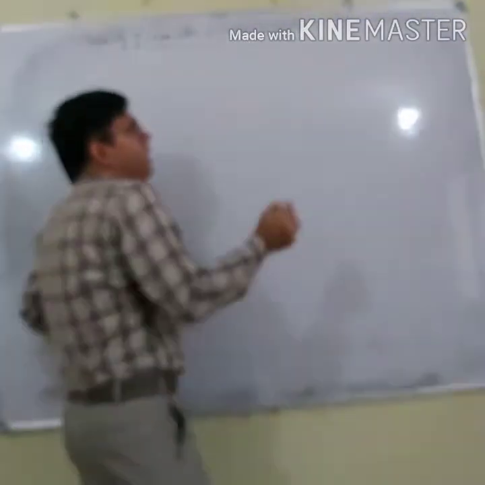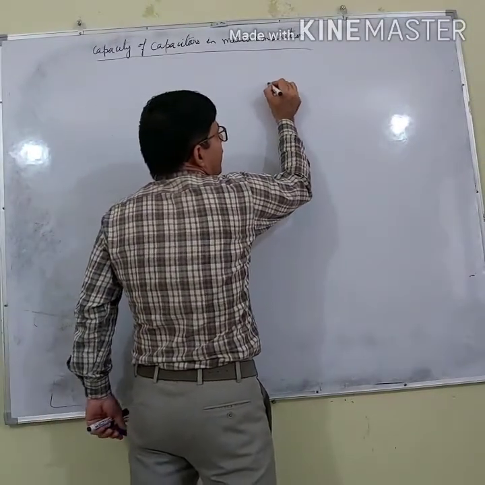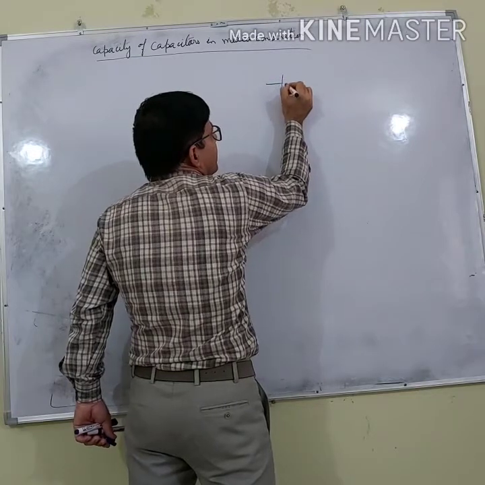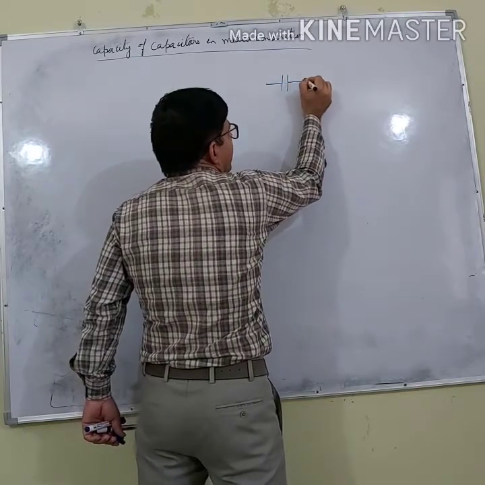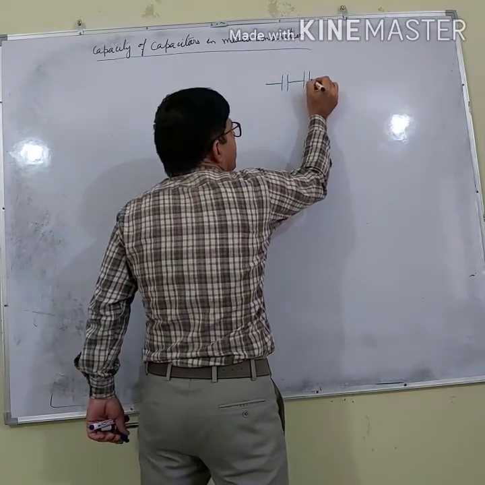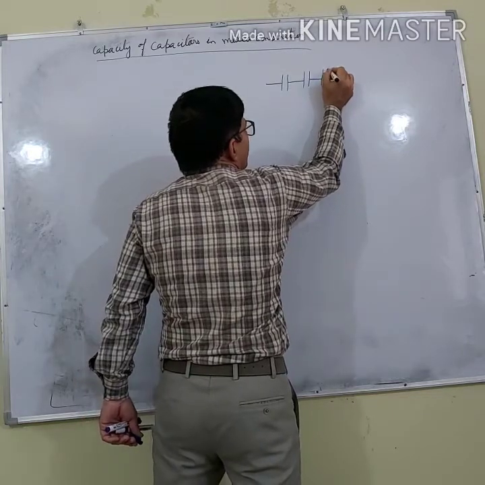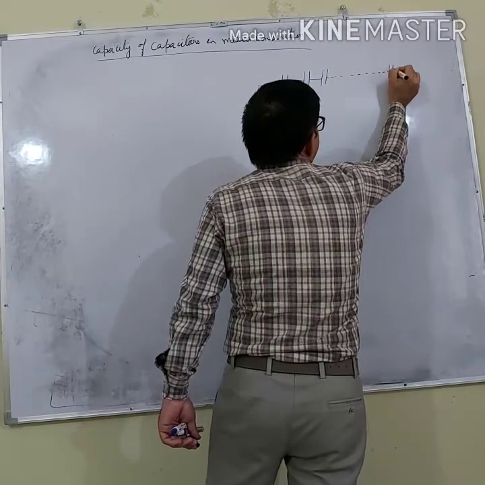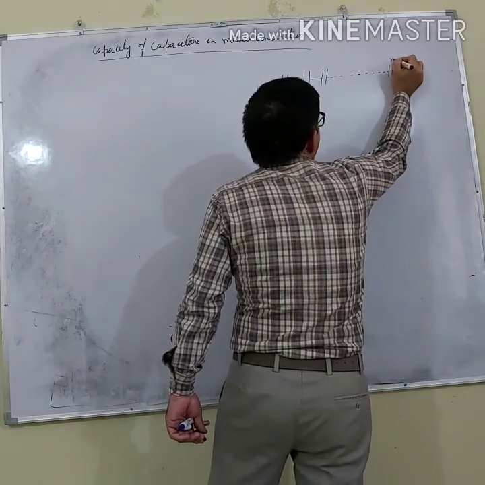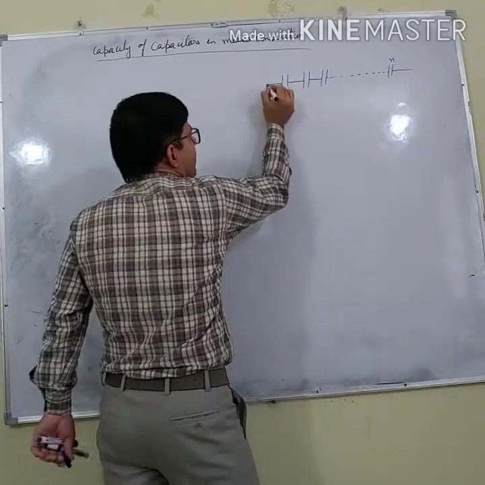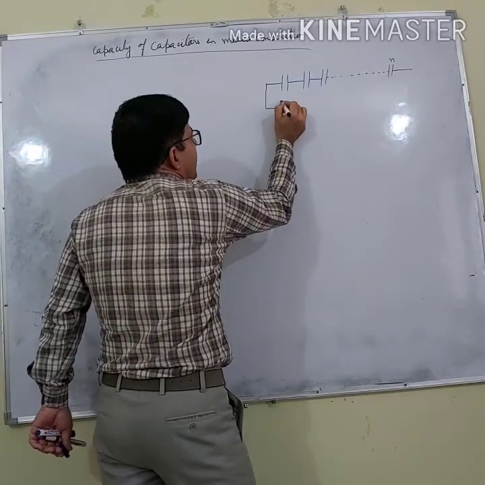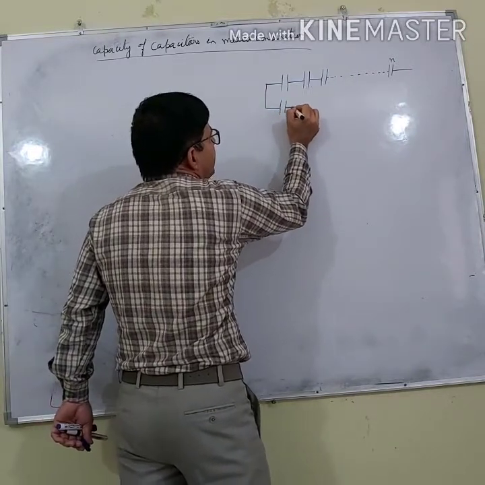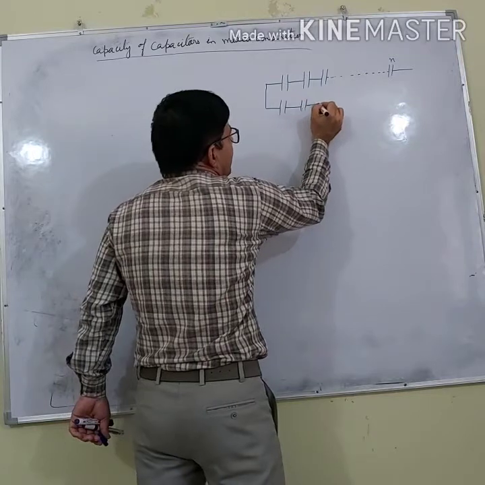How? Let us consider that we are having capacitors. Let us say all these capacitors are of equal capacity. How many capacitors in one line are there? Let us say I am having n capacitors, and how many lines of these capacitors?